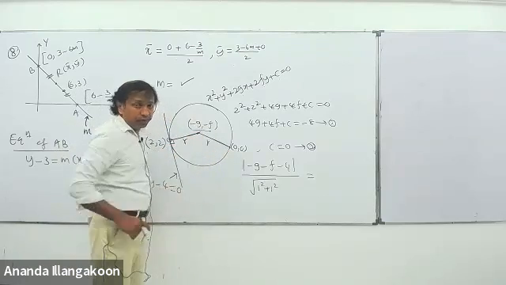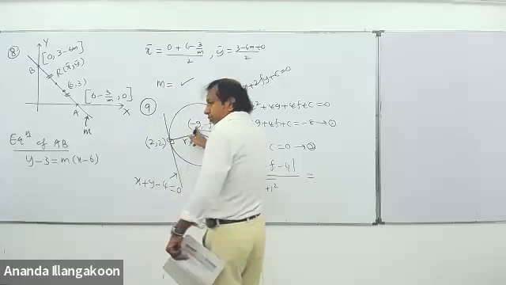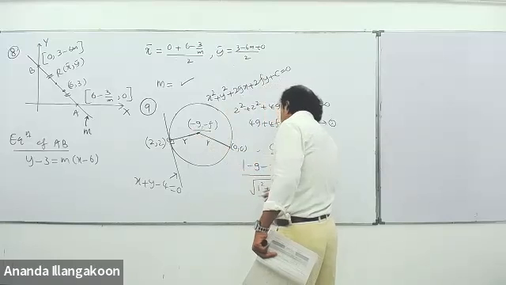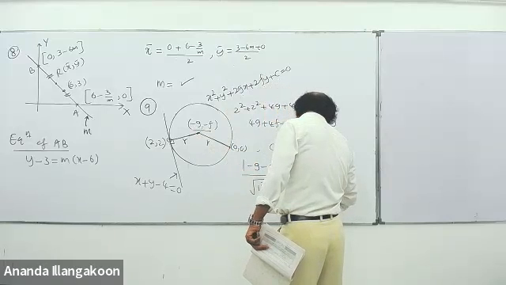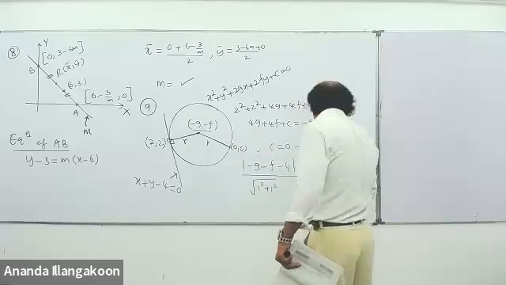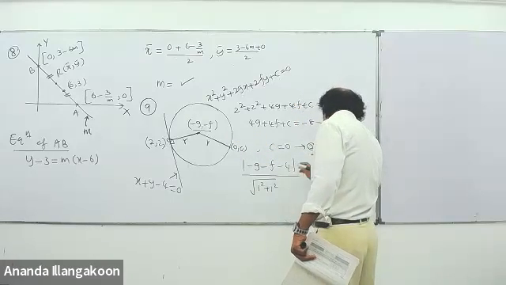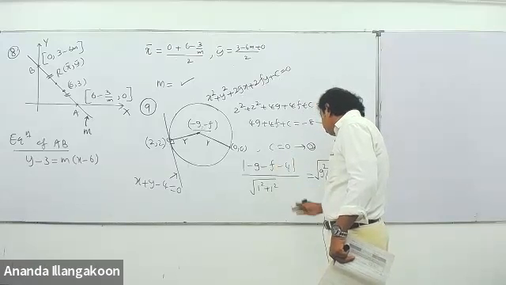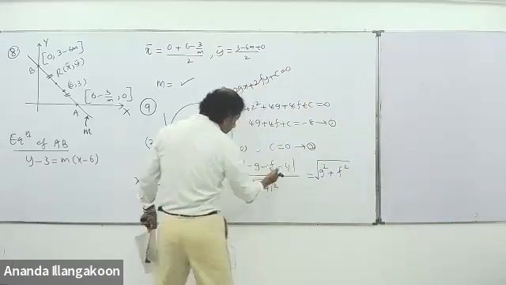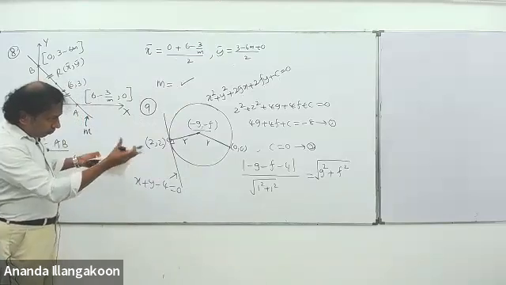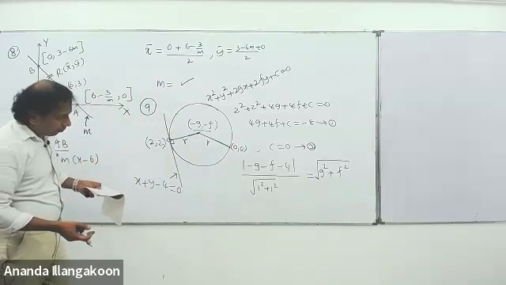Distance between 2 points. What is that? Difference of x coordinates perfect square: -g - 0 means -g, once you square that, g squared. And here, f squared, under the root. Now square both sides. Once you square the left hand side, the modulus will be removed.